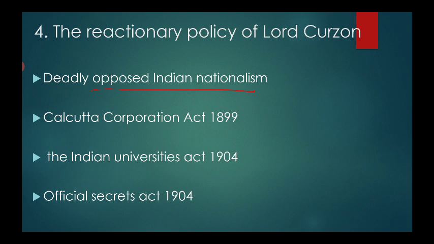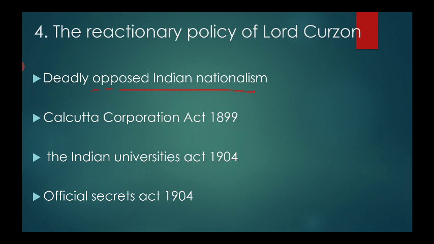By this Act, he imposed strict official control over Indian universities, educational centers, and education systems, because he considered these as centers of nationalism. He thought that the youth were being prepared against the Britishers. So he took over the universities to make sure that no youth was ignited against the Britishers.